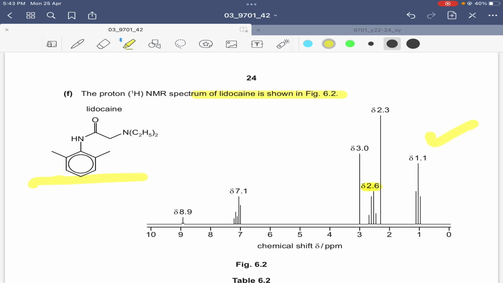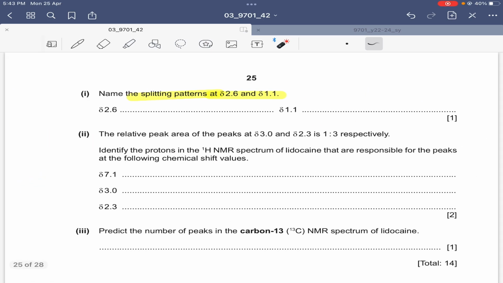So 2.6 is 1, 2, 3, 4. This is a quartet, and 1.1 is a triplet. So at 2.6 we have a quartet, and 1.1 is a triplet.